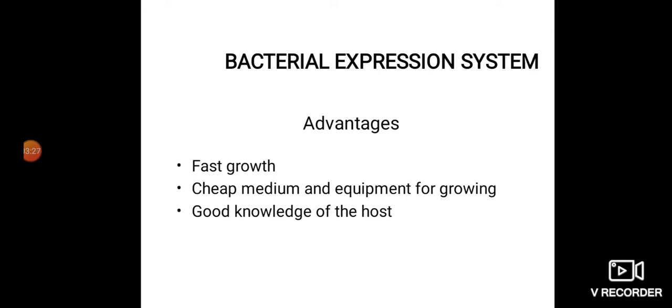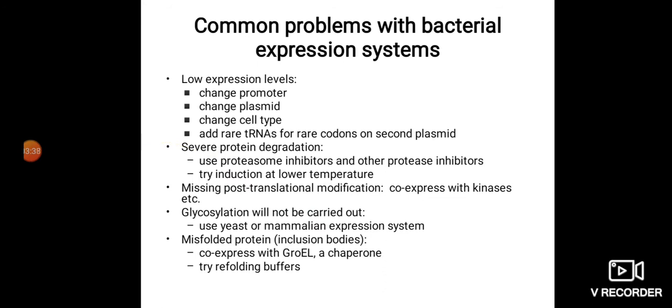Then, expression system wise, the bacterial system has some advantages: fast growth, cheap medium and equipment for growing, and good knowledge about the host. Some of the common problems with the bacterial system are changes of promoter, plasmid, and cell type.